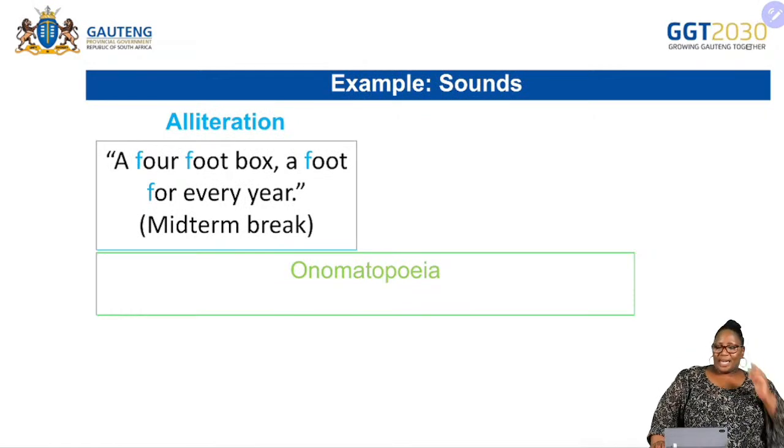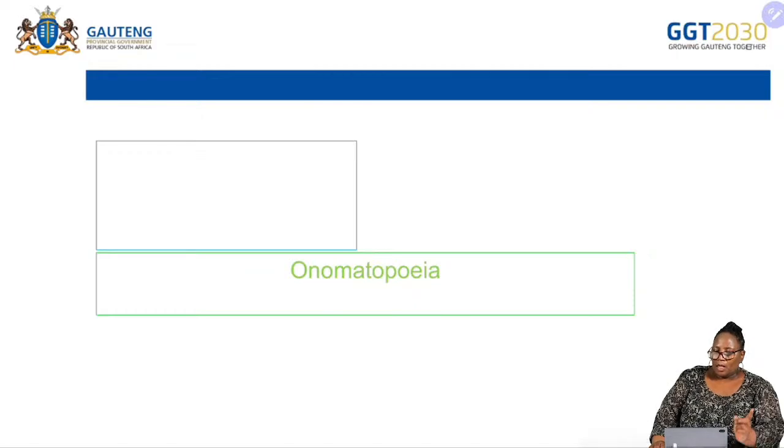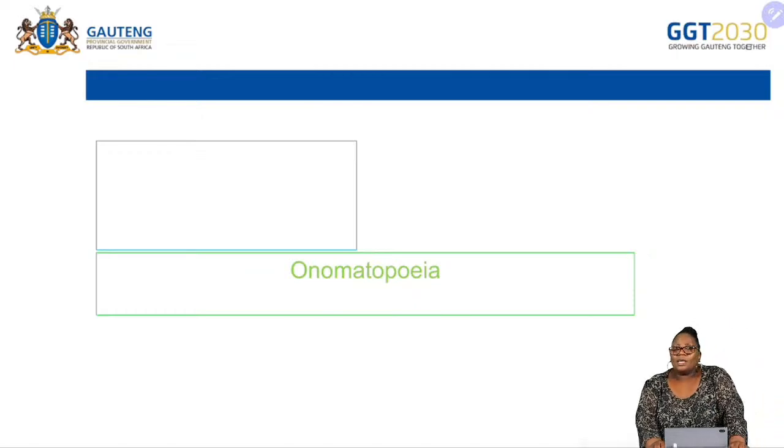In Mid-Term Break, what do we have there as alliteration? "A four-foot box, a foot for every year." So we see the repetition there.